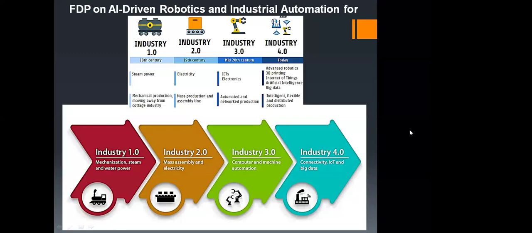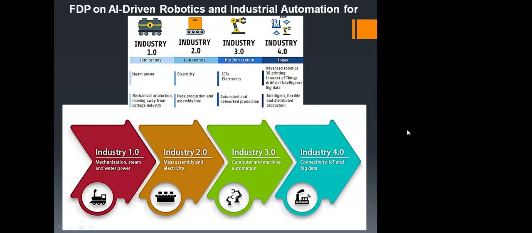And today we are in the era of Industry 4.0, with advanced robotics, 3D printing, and the Internet of Things. These are buzzwords we often go through on different platforms, and they are the present scenario under Industry 4.0.